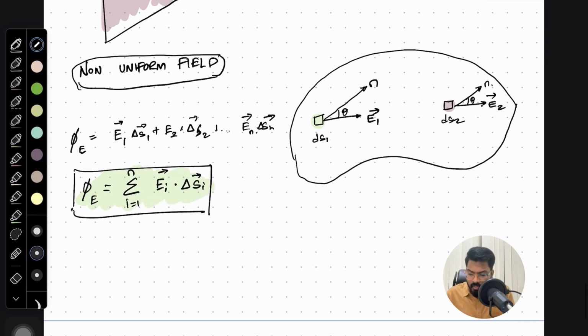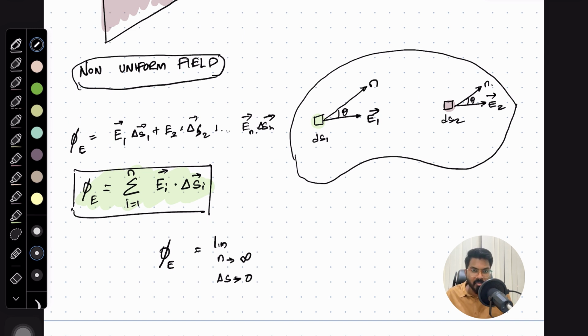The same thing we could express if n tends to infinity and delta S tends to 0.